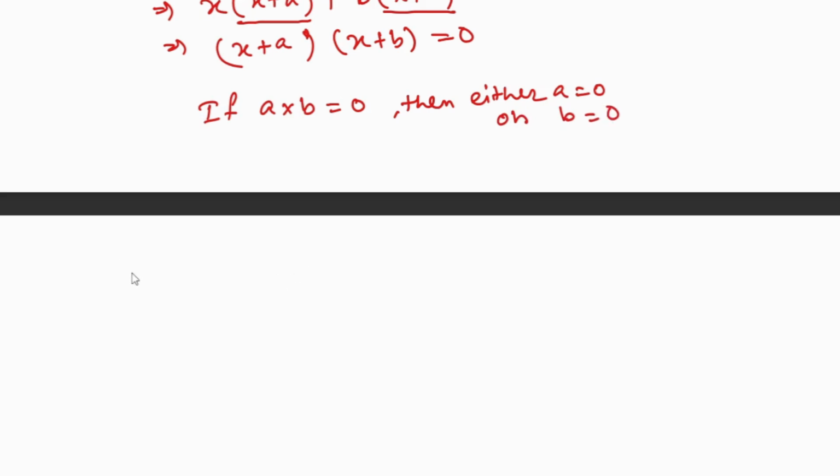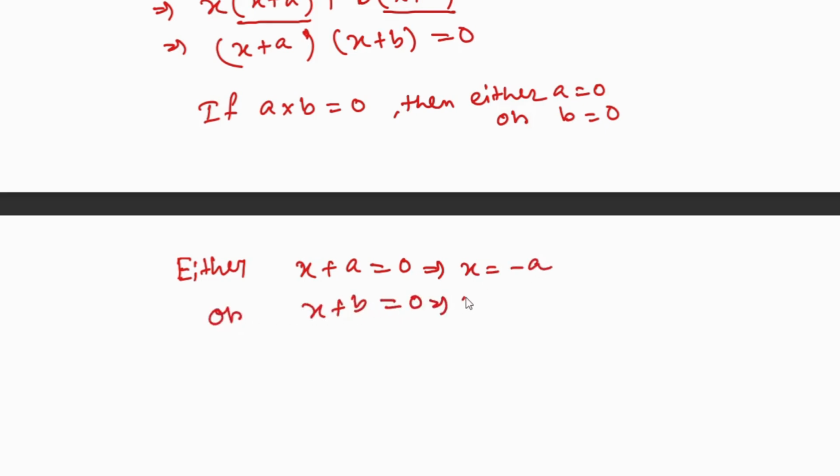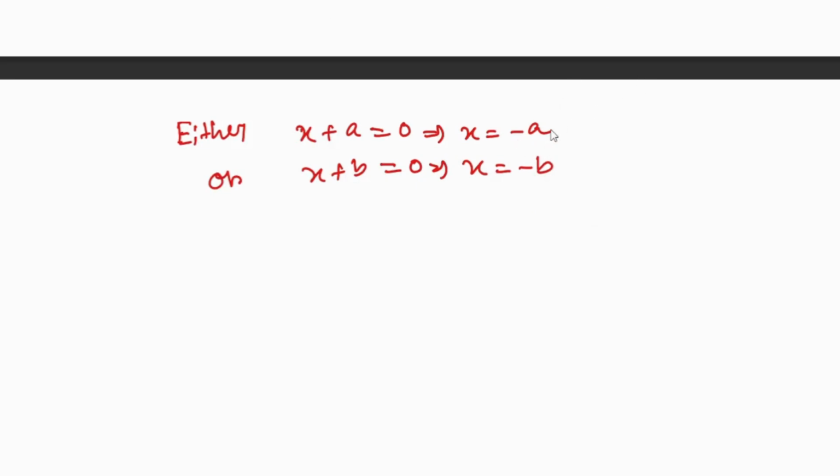So here we can write that either x + a = 0, which gives x = -a, or x + b = 0, which gives x = -b. So we get the two roots of the given equation, which are -a and -b.